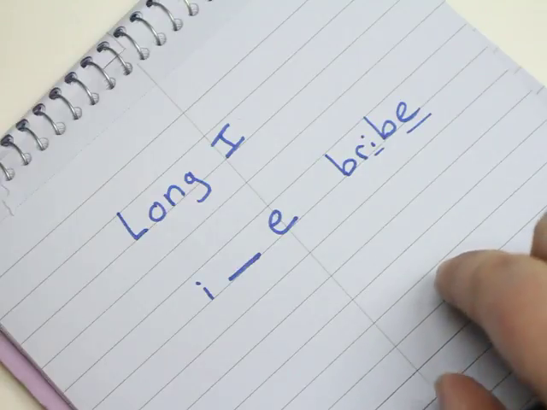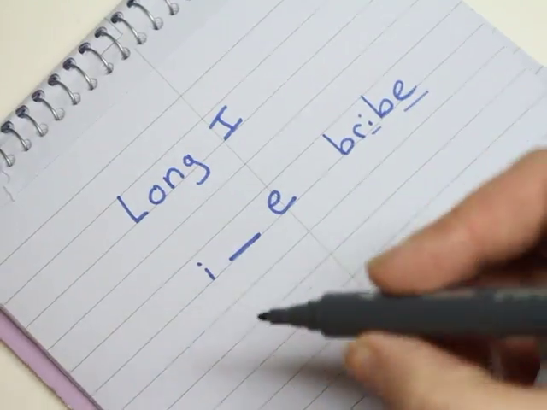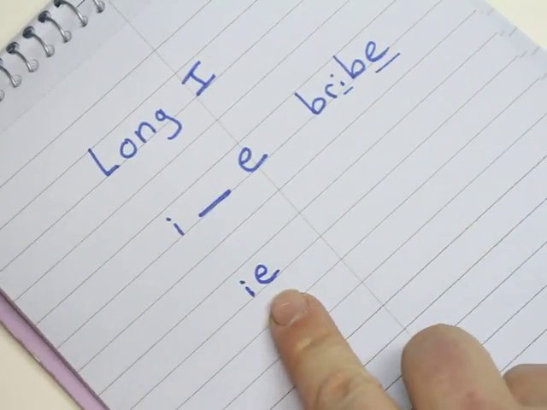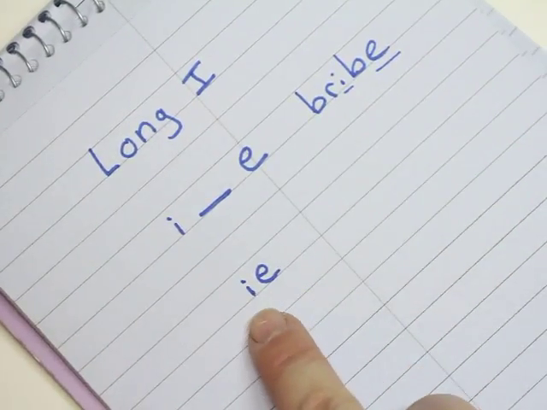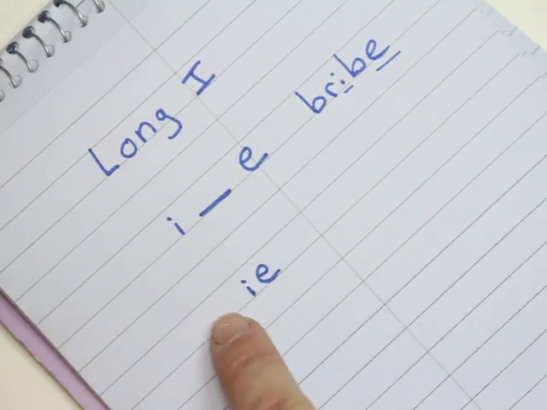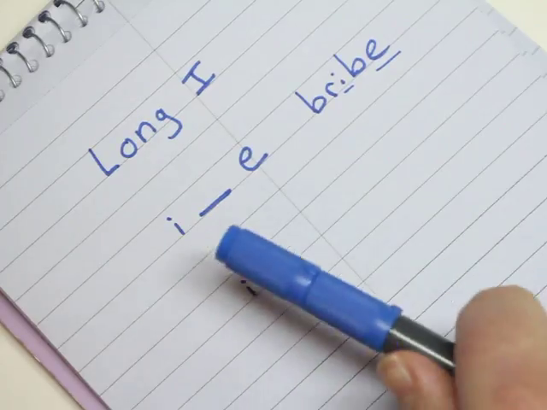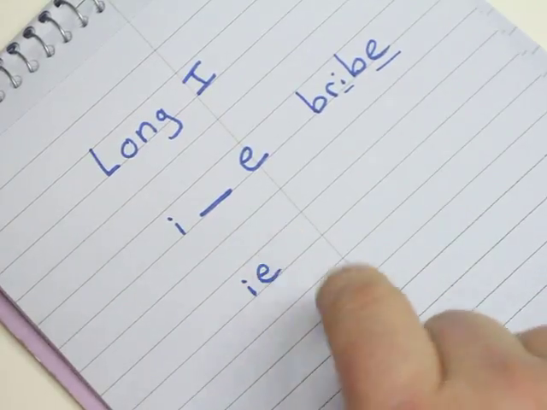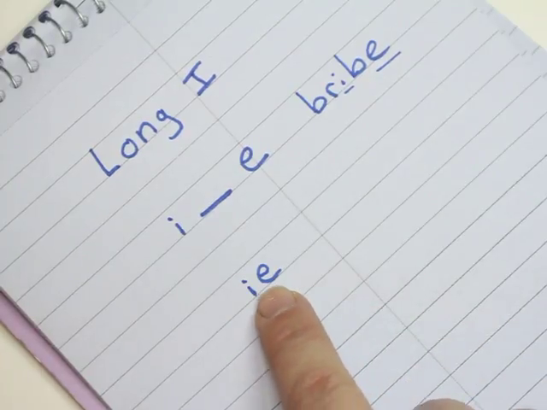The next one I introduce is the IE, and that is because you just tell the kids when you see one vowel, that's the sound it makes. You see two vowels, the E is quiet, whisper quiet, and we just say the I, and they scream.